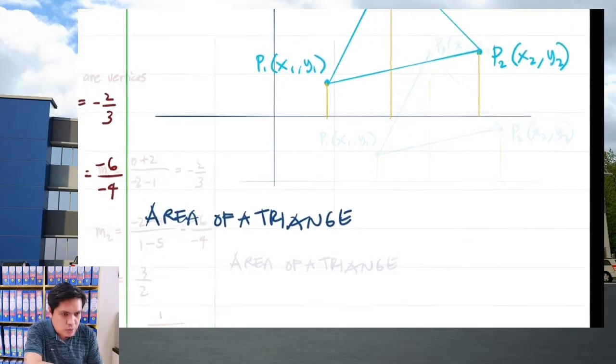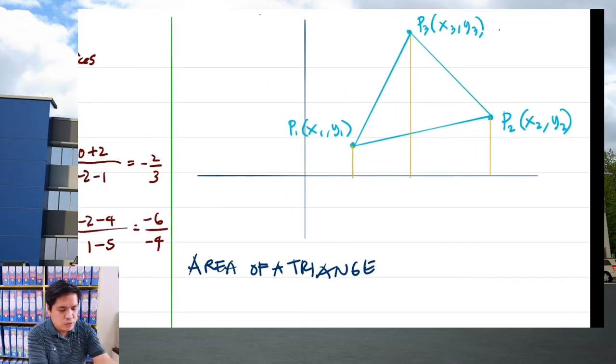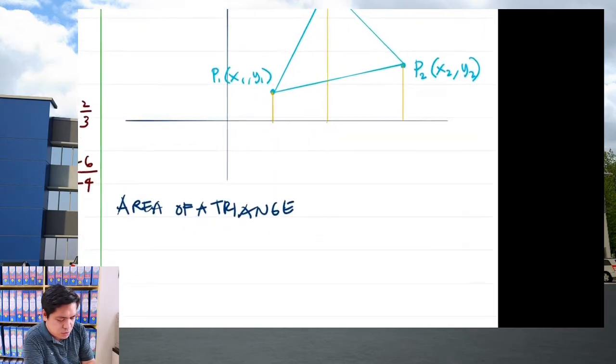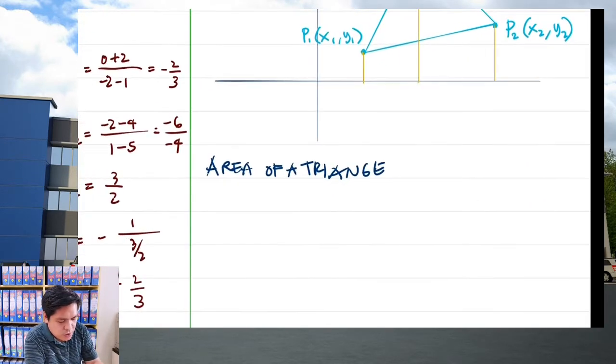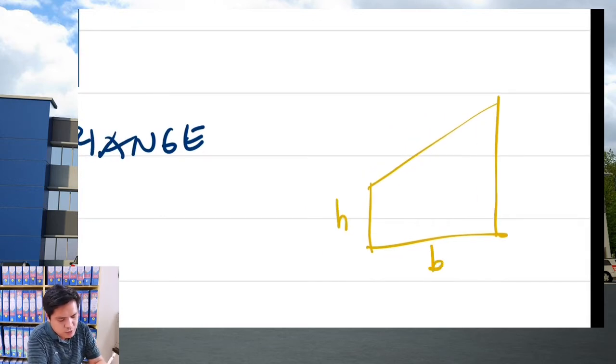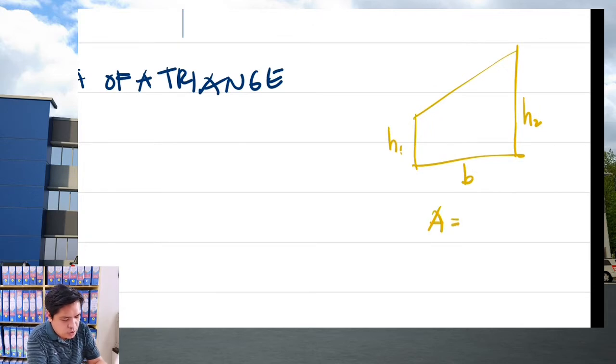Now, the question is, how do we find the area of a trapezoid? So, kung nag-solid mensuration sana tayo, doon tayo magdi-derive. So, dito, I'll just give you the area of a trapezoid. So, you compute the area of a trapezoid this way. If you have this trapezoid and you have this base and you have this height 1 and height 2, the area of a trapezoid is just equal to 1/2 the sum of the heights, times the base.